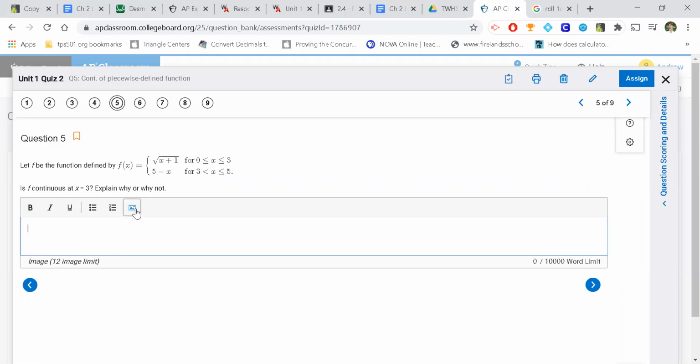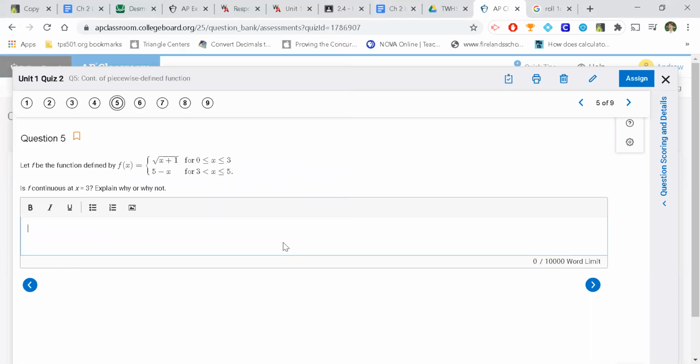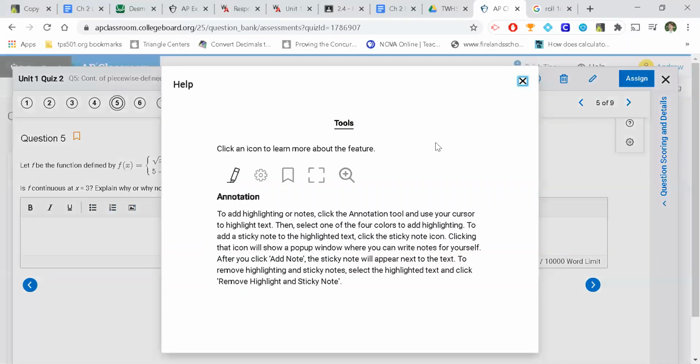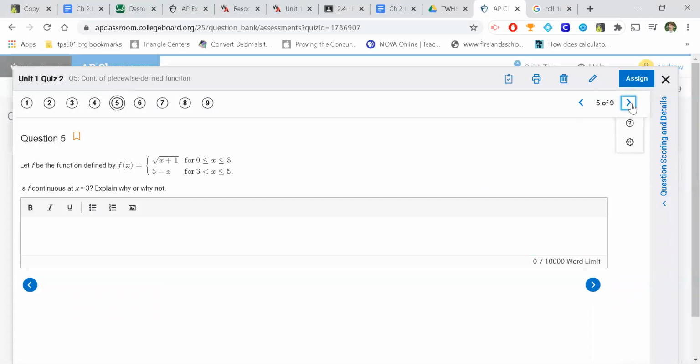But also, if you do your work on paper, you can enter an image of your work. So if you do your work on paper and then email that image to yourself, and then download it, you can attach it and it will just copy and paste your picture into this field. Okay? I don't know if this tool tells you about that. No, I think that's what you have to do. Okay, so you can either type it in here or add the picture into here.